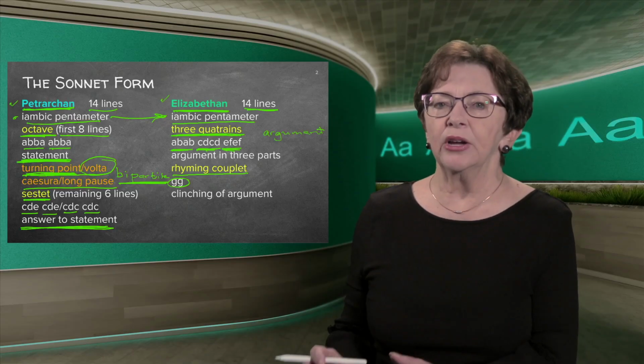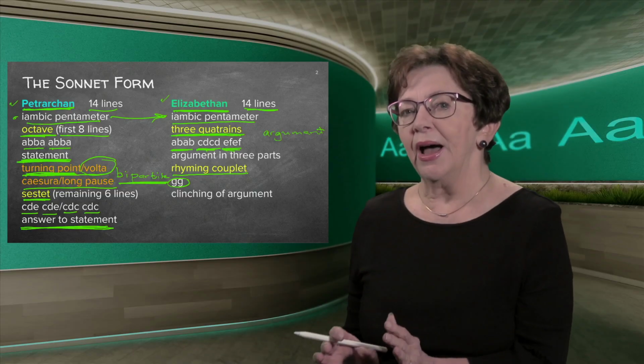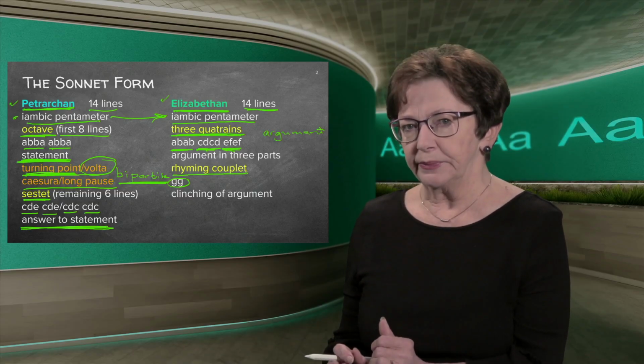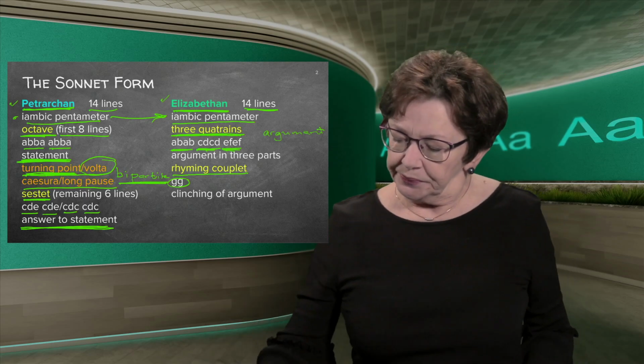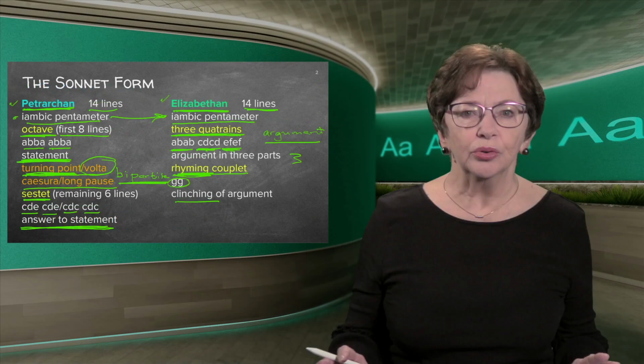This is what I say about the three aspects I've mentioned before. This is how I see the conclusion. So this is an argument in three parts, and then the clinching in the rhyming couplet. So can you see how the two differ?